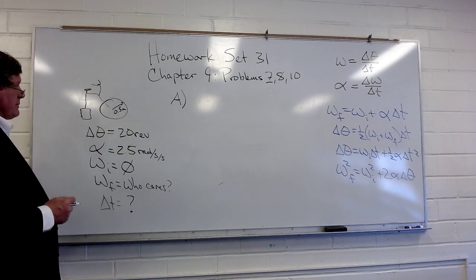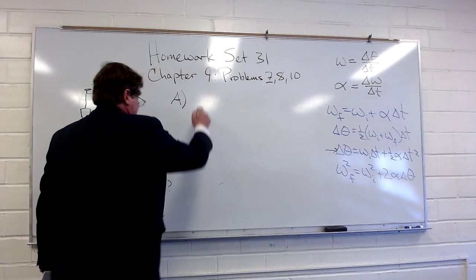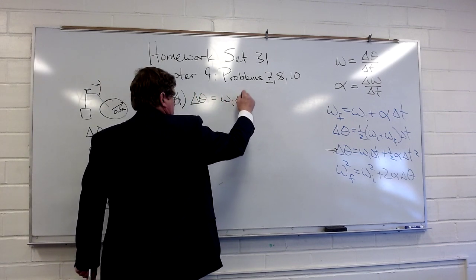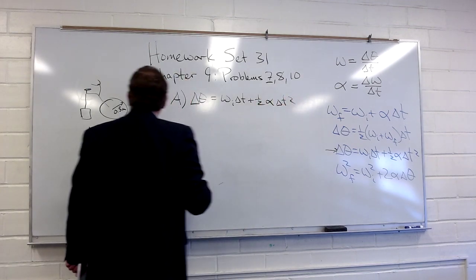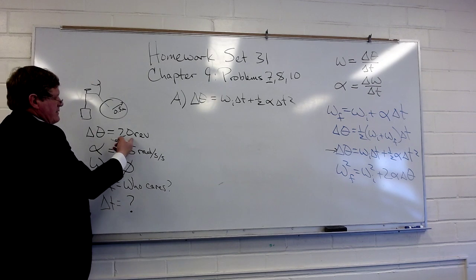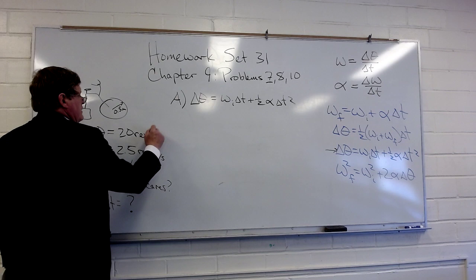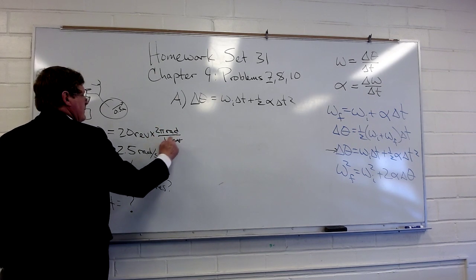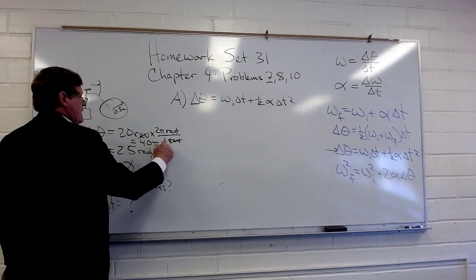And just like in that problem 3 in the last homework, we're going to use this 3rd equation that doesn't have omega final in it. And just like in that last problem, we have to convert revolutions into radians. Since we have 2 pi radians for each 1 revolution, this is going to be 40 pi radians.